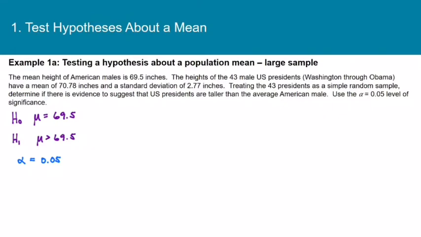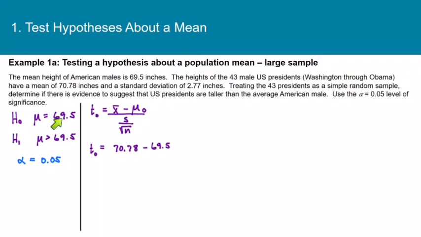Now, step 3 is to compute the test statistic and then find the critical value and then draw the normal curve and shade the area beyond the critical value. So first, let's find the test statistic. Here is our formula. So our test statistic will be x bar, which is 70.78, minus mu sub 0, which is 69.5, divided by s, which is 2.77, over the square root of n, which is 43.